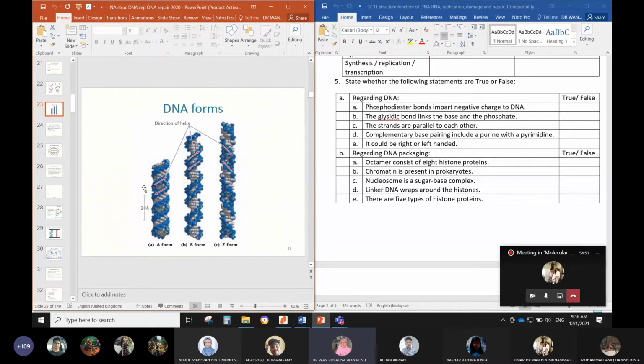So the point is the structure itself is very critical because it has to interact with other components in the whole biological process. If you adjust these structures, it would not work as efficiently.